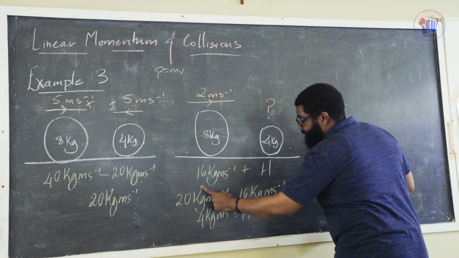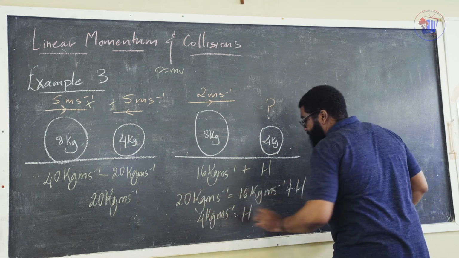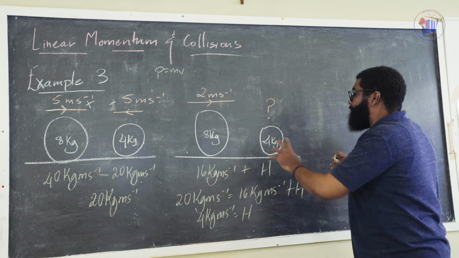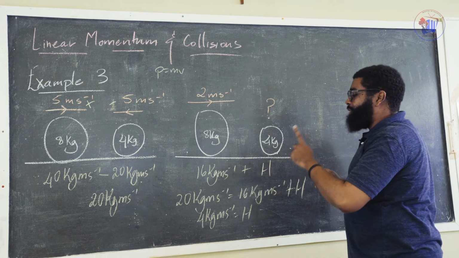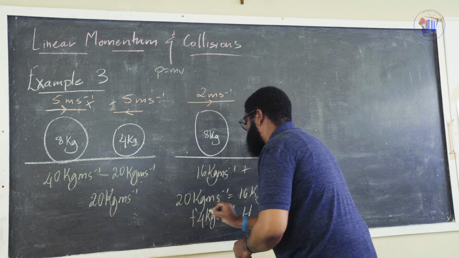Again, we carry this across. 20 minus 16 gives us 4. So the momentum of H is 4, but please note, it's positive 4, plus 4.